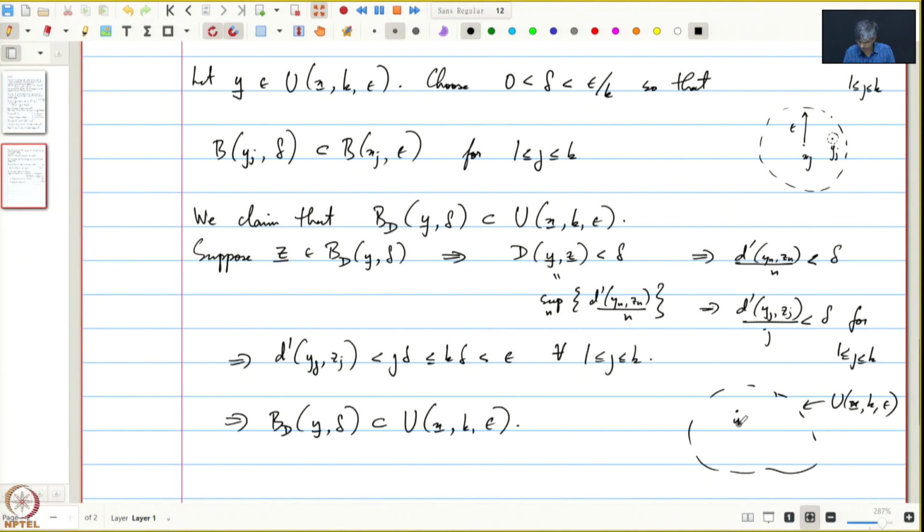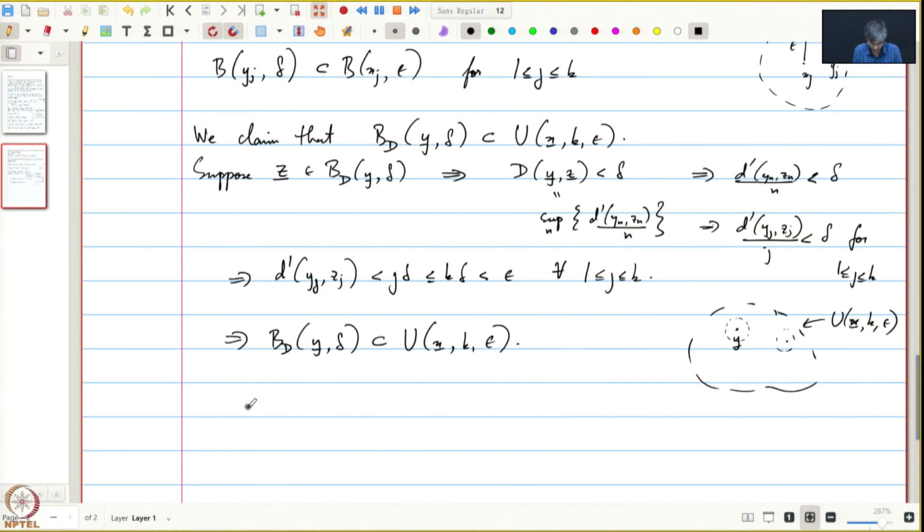We chose a point y bar over here, and there is an open neighborhood in the metric topology which contains this y, and it is completely contained inside the set. So we can cover U x bar k epsilon by open sets of this type, and that will show that U x bar k epsilon is open in the metric topology.